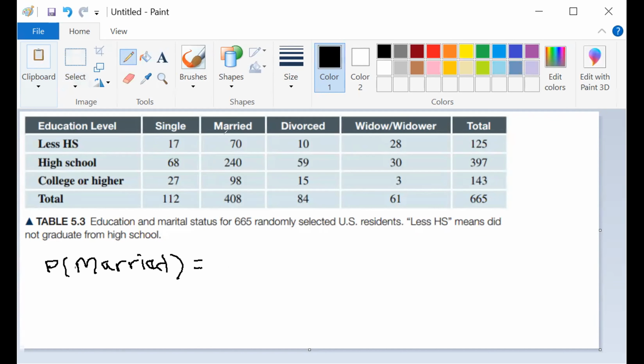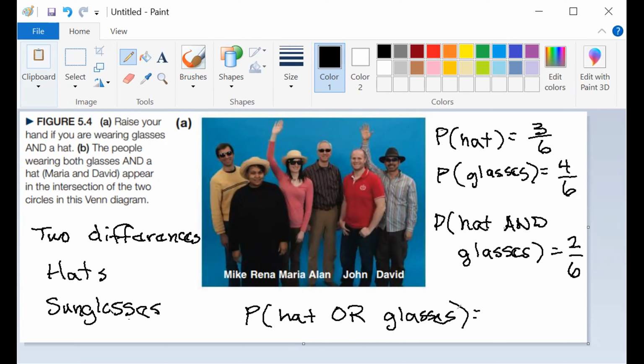What about the probability of a hat or glasses? Okay, so when we're calculating this, what that means is that if someone has a hat, then they count. If someone has glasses, then they count. And if someone has a hat and glasses, then they also count, right? The inclusive or.